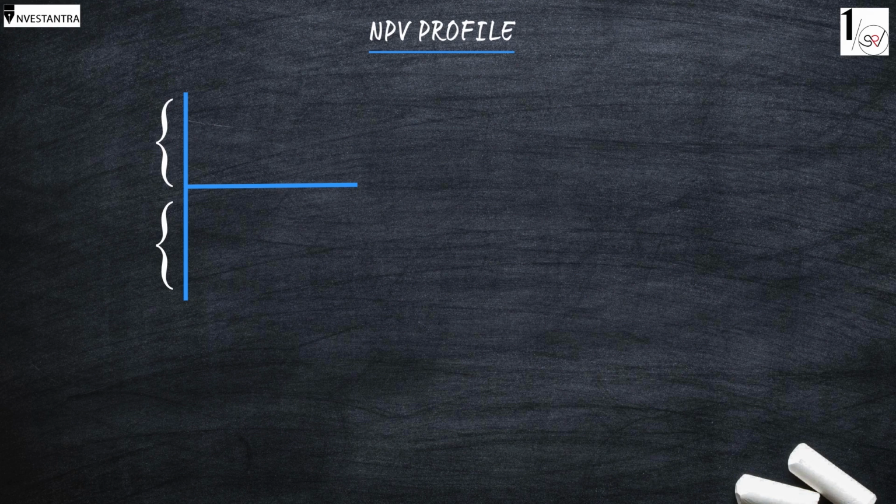So what happens is when you have a particular project, let's say this is P and L. So this is positive and this is negative. And here down the y-axis we have some rate, right?